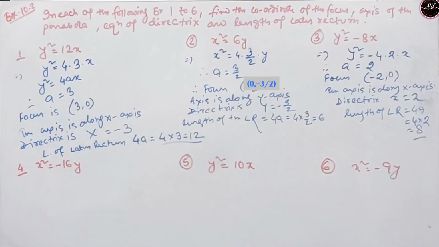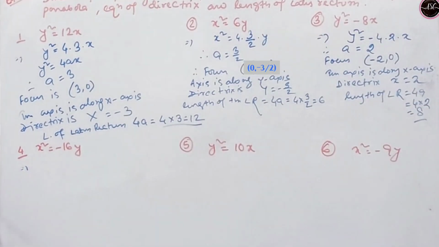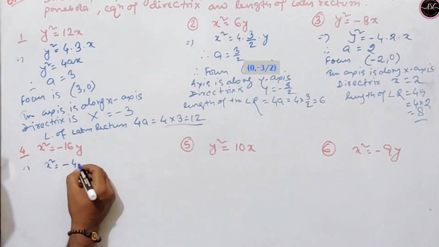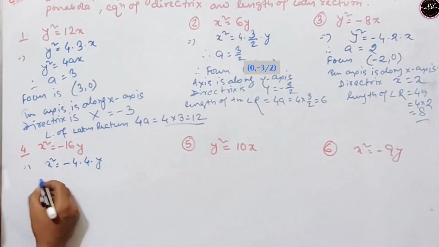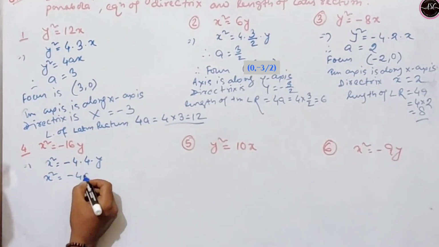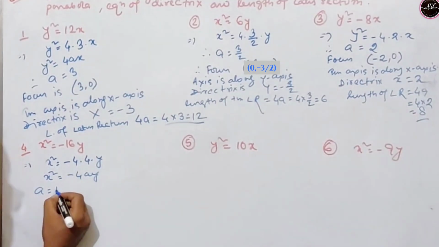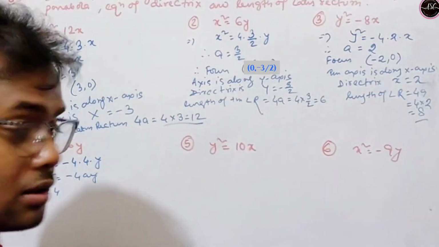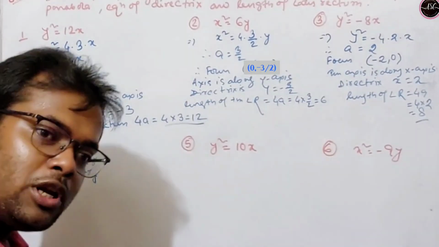Now look at this, x square equal to minus 16y. This can be written as minus 4 dot 4y. If we compare with x square is equal to minus 4ay, we get a equal to 4. Here the coefficient of y is negative, so the parabola is downward.